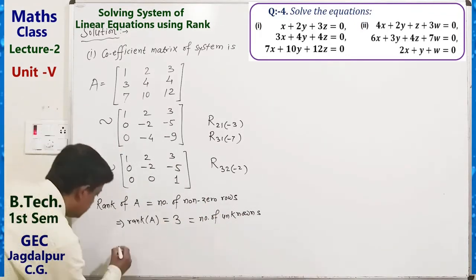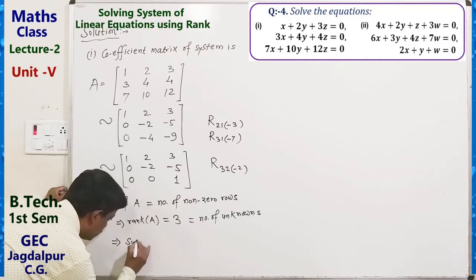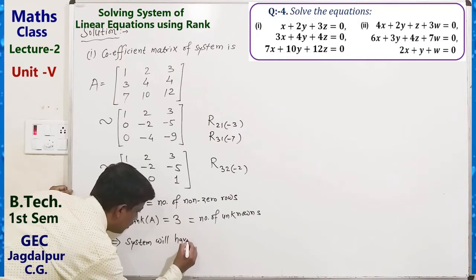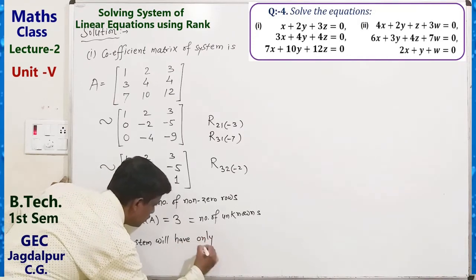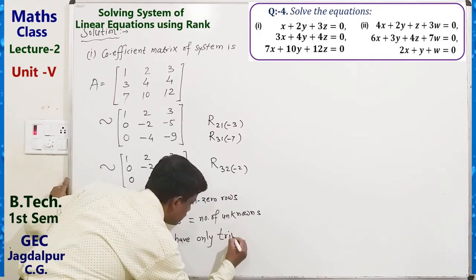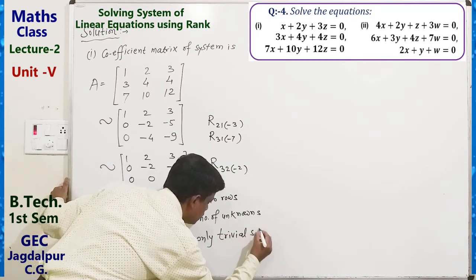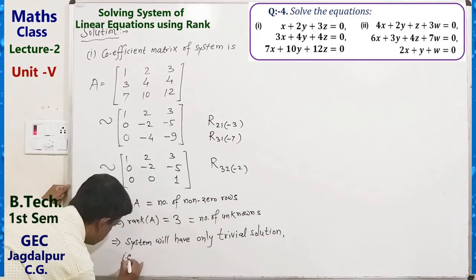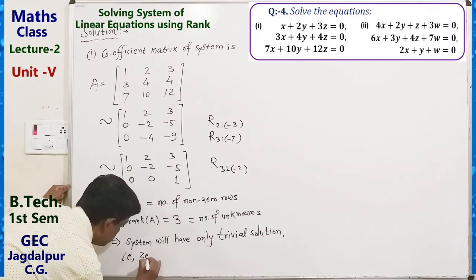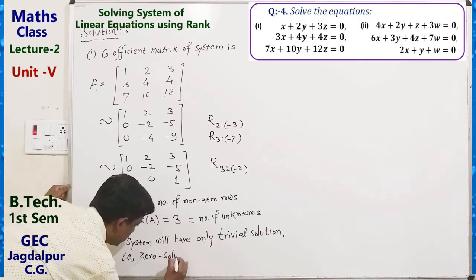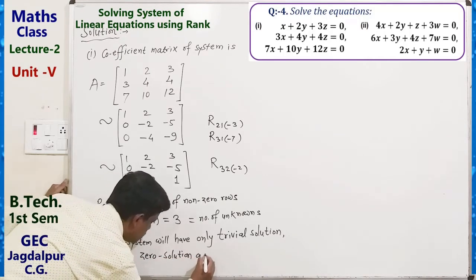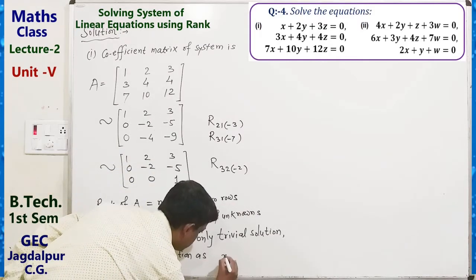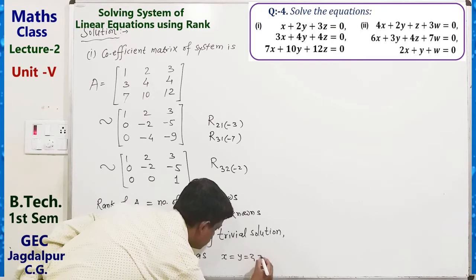That implies the system will have only the trivial solution, that is, the zero solution, as x equals y equals z equals 0.